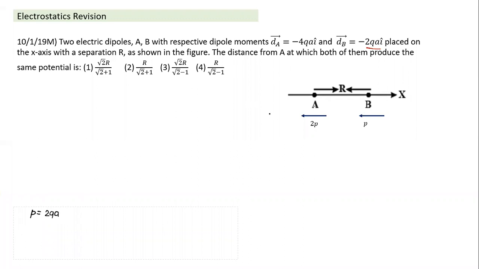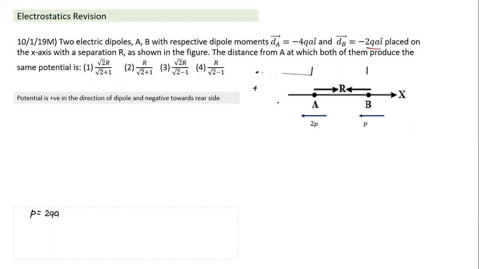What is important to understand here is that potential is positive in front of the dipole's positive direction. So any point on this side of A will have positive potential, and in front of B also it will have positive potential, while on the rear side it will have negative potential. So first of all, there are three regions: left of A, in between A and B, and right of B. Where would the point be where the potentials are equal?